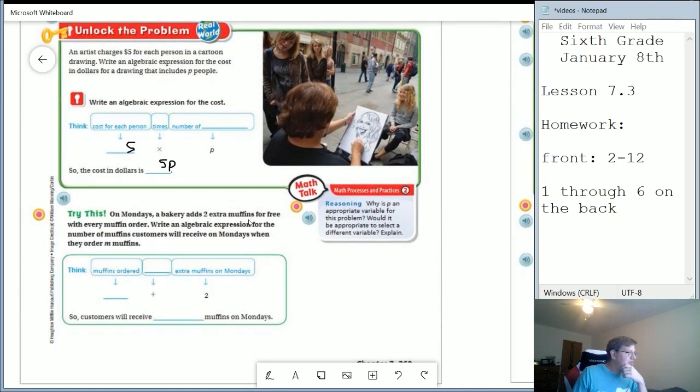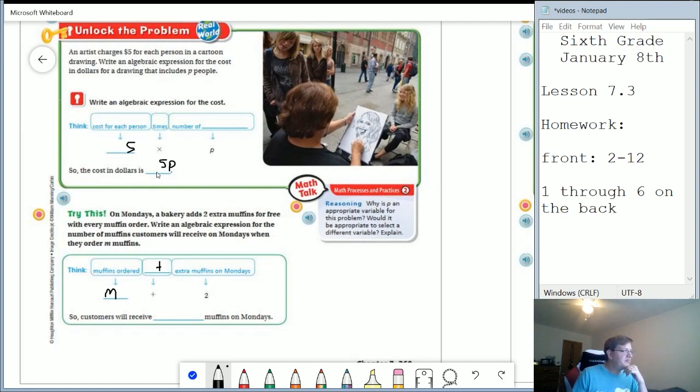We get 2 extra muffins for free with every muffin order. Write an expression for the number of muffins if they order M. So let's say I am going to get M number of muffins, plus 2 extra muffins. In this case, instead of just writing it like before, I need to write out the entire expression.